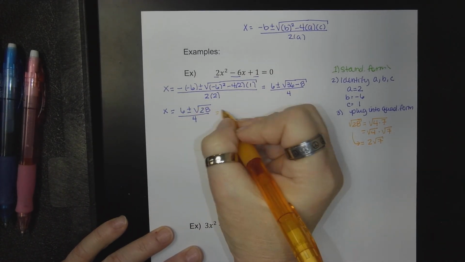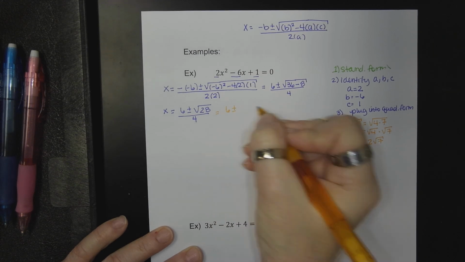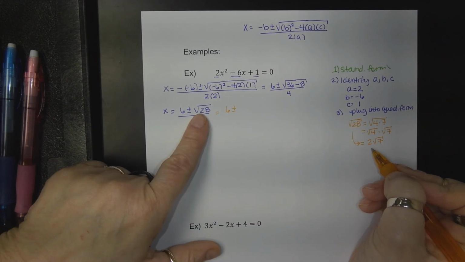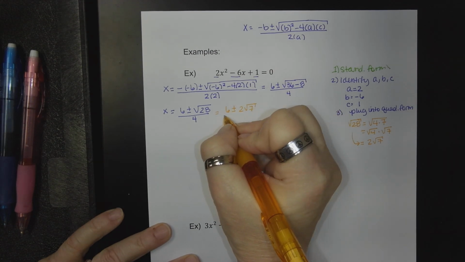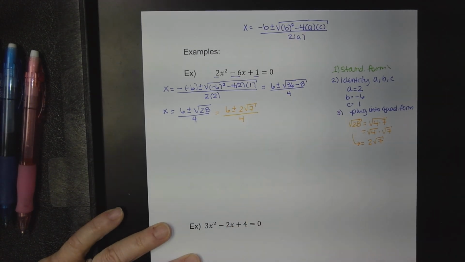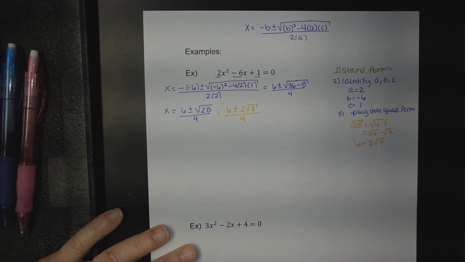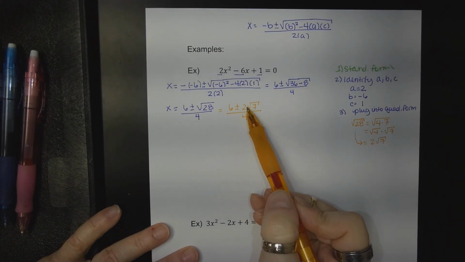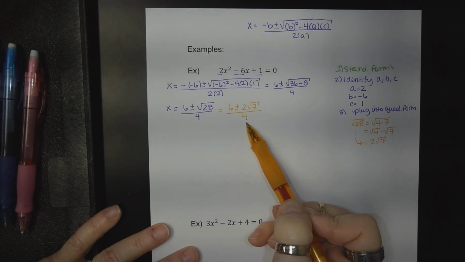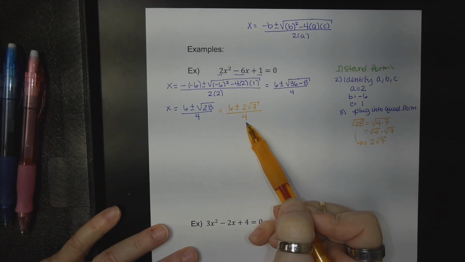So now we're going to have x equals 6 plus or minus, and we're going to write the square root of 28 as 2 square roots of 7, all over 4. Now we can see that 6, 2, and 4 are all even numbers, so we know that they're divisible by 2.